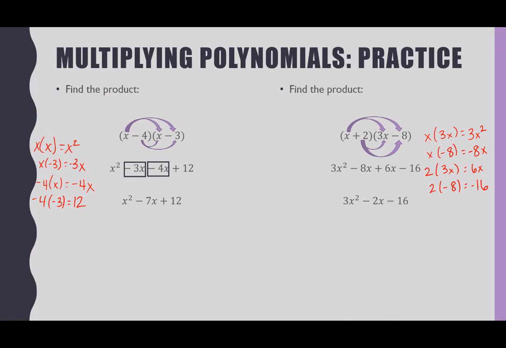When I write these answers out horizontally, this is the result, making sure I keep all the proper signs, identify my like terms and combine them. Since it's a negative 8x combined with a positive 6x, that's why you have a negative 2x as your middle term. Again, if I had to guess, positives and negatives is what's going to start to trip people up again.